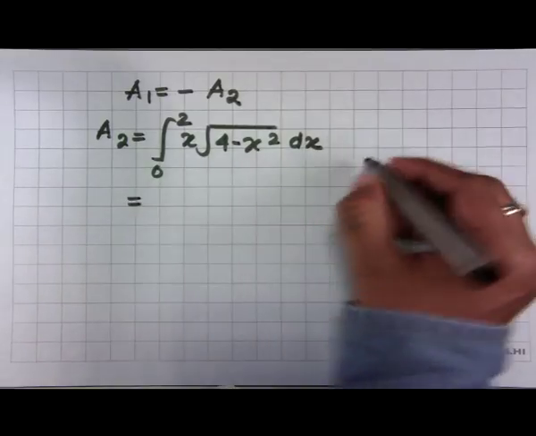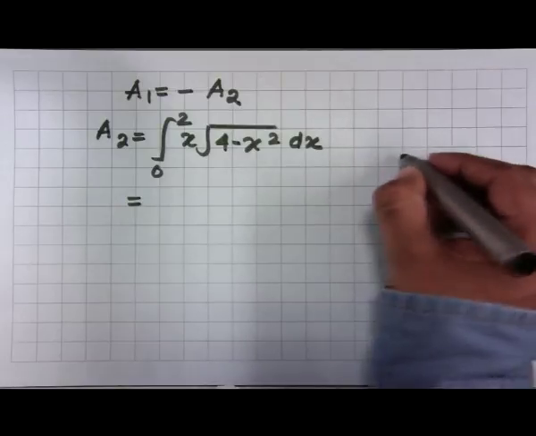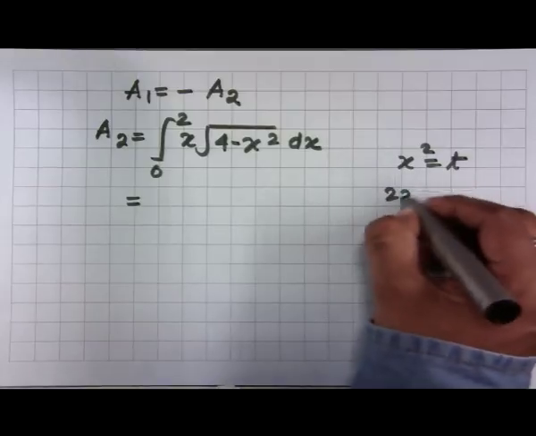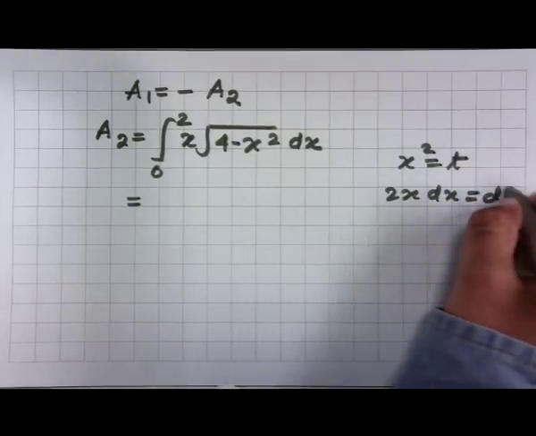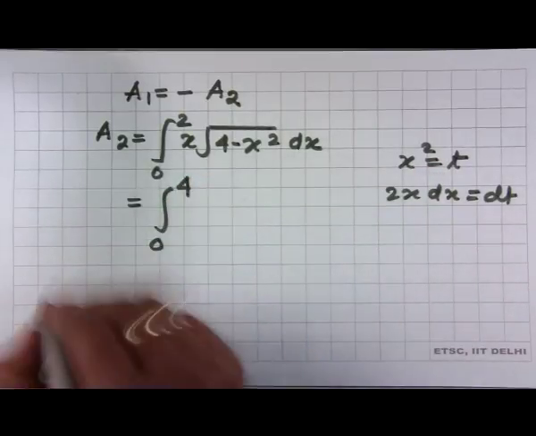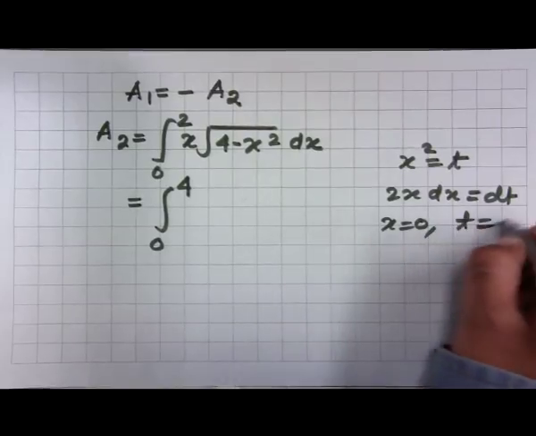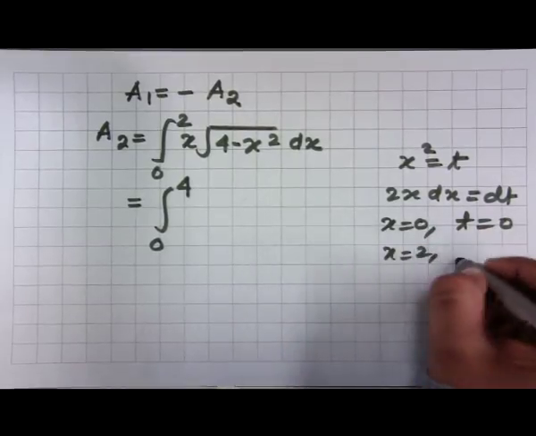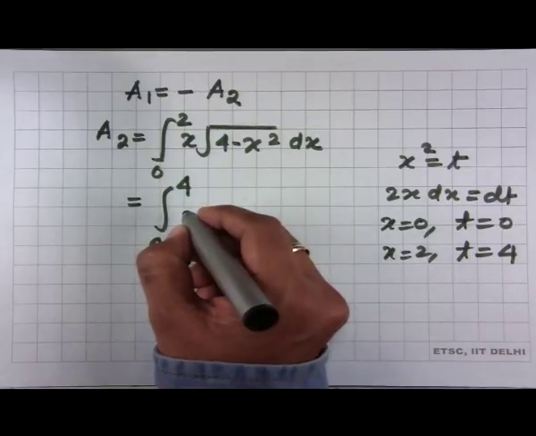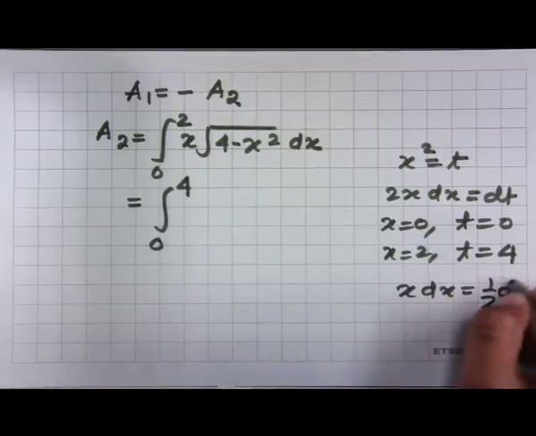Now assume that x square is t, so 2x dx is dt. At x equals 0, t equals 0, and at x equals 2, t is 4. So limits will be this, and x dx is 1 by 2 dt.